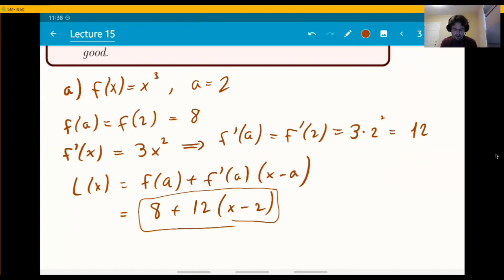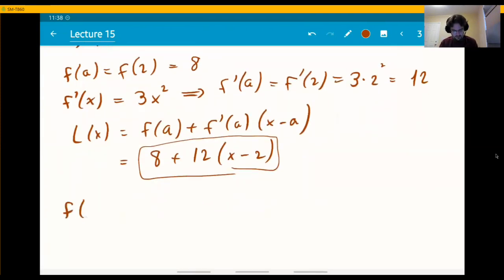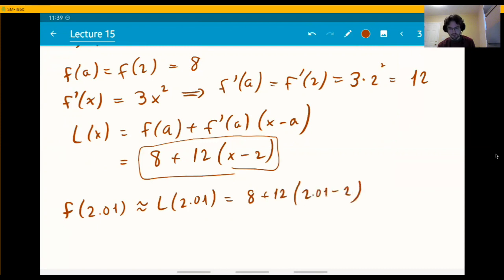Now, if you want to find an approximation for any point close enough to the number 2, like 2.01 that was given in the problem, it's very simple. You're going to approximate that by L of 2.01, which you just compute from here: 8 plus 12 times 2.01 minus 2, the formula that we just found for L. So you see that this is 8 plus 12 times 0.01.